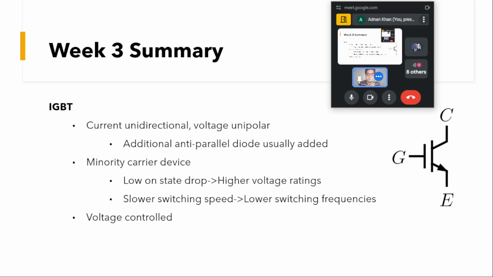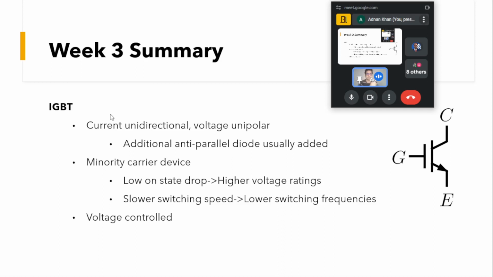The other aspect of IGBTs is that they are voltage control devices. That means whenever the gate to emitter voltage is given beyond the threshold voltage, the device goes into conduction mode.